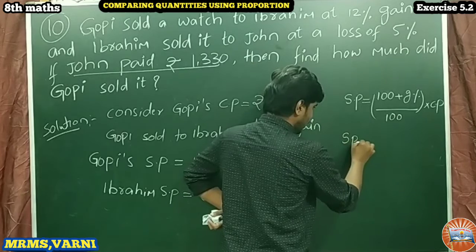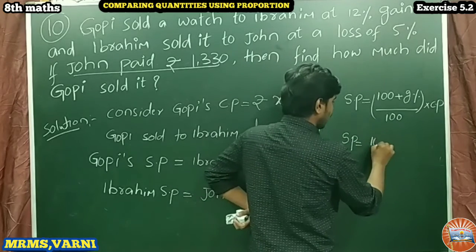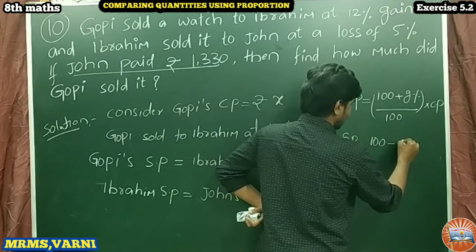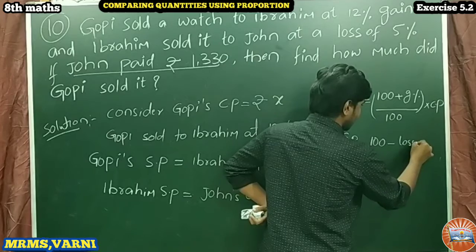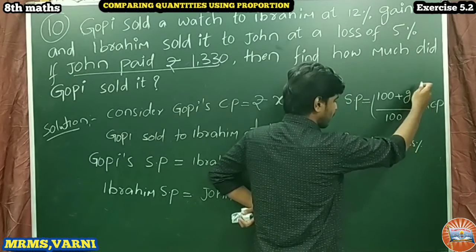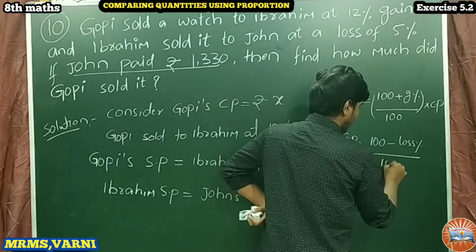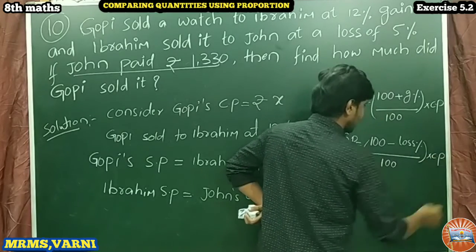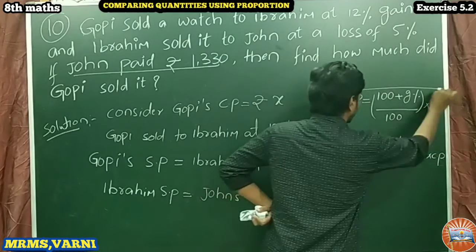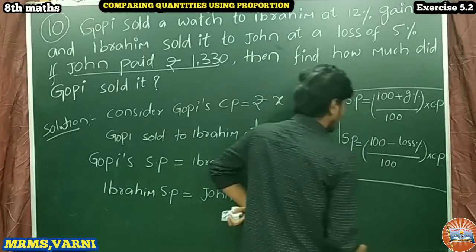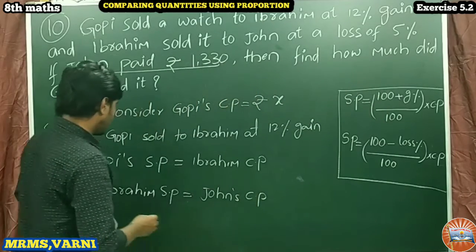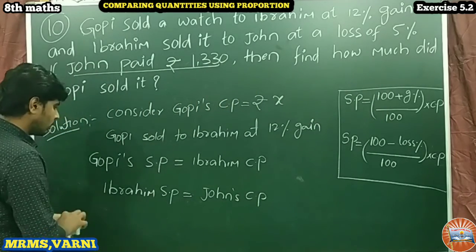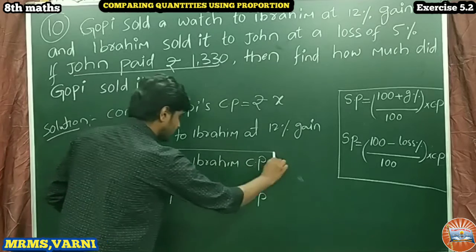Same SP in loss: (100 minus loss percent) by 100 into CP again. Here G percent is nothing but gain percent. So note down these formulas. With the use of these two formulas, I am going to solve this problem.